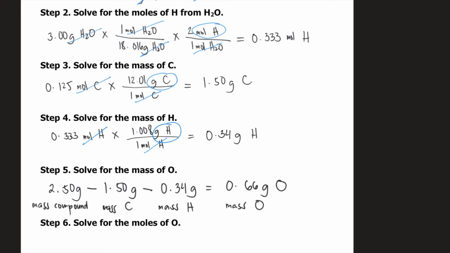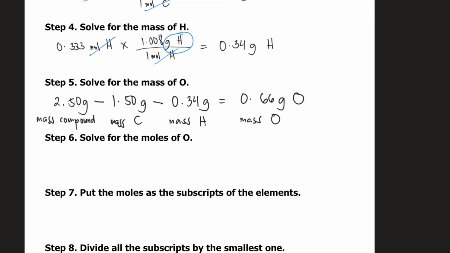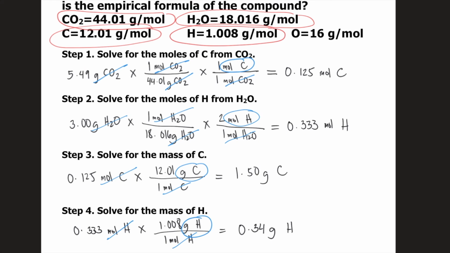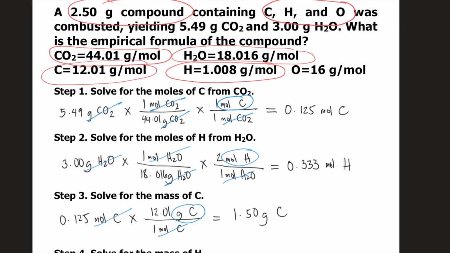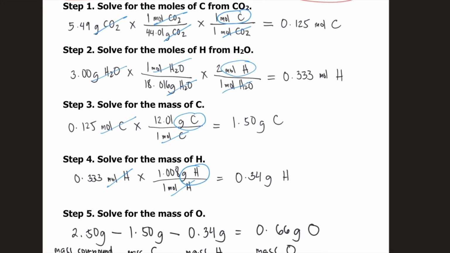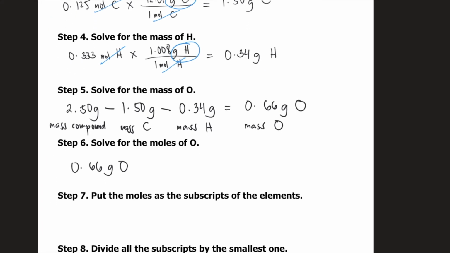So now that we have the mass of oxygen, we can now solve for the moles of oxygen. So again, we got 0.66 grams of oxygen. And in the problem, we are given the molar mass of oxygen, which is 16 grams per mole. So that means 1 mole of oxygen is equivalent to 16 grams of oxygen.